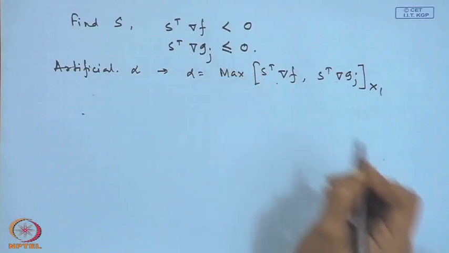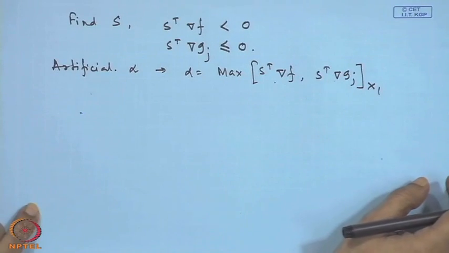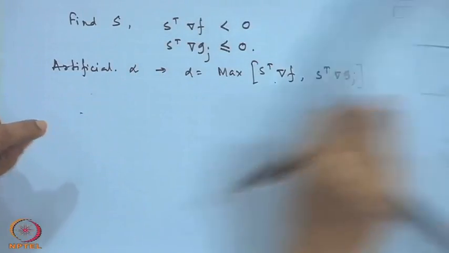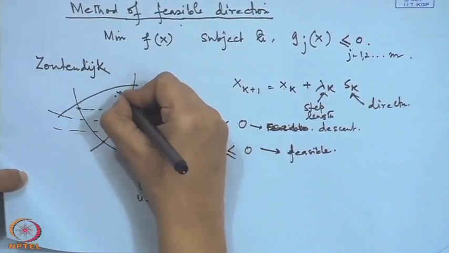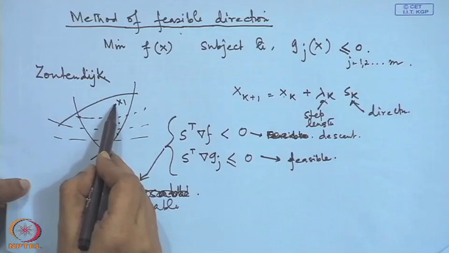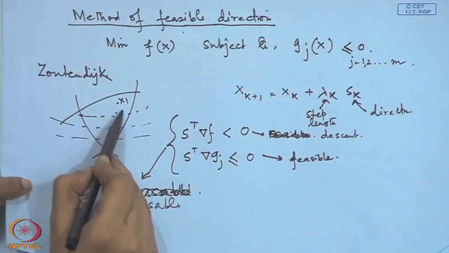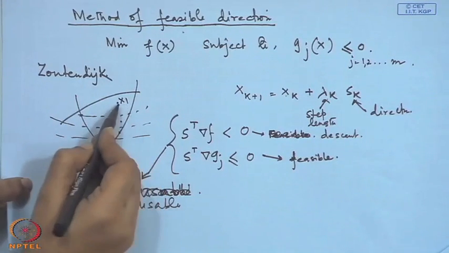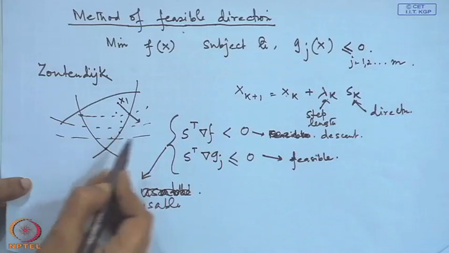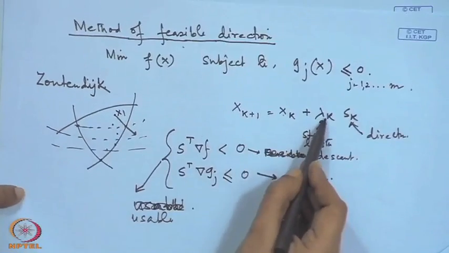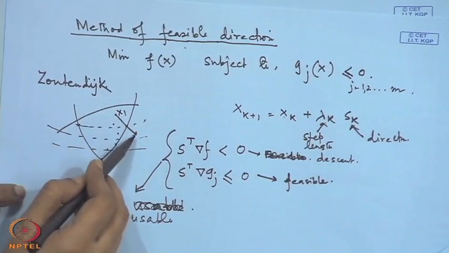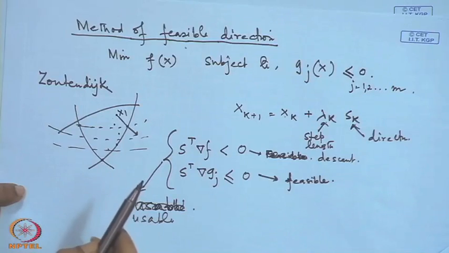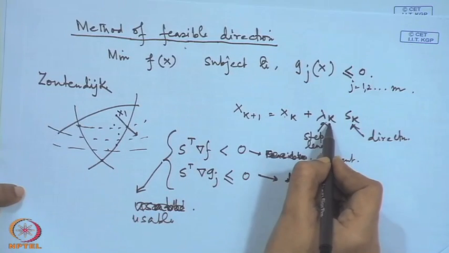Once alpha is negative, what is our target? The process has been designed in such a way that if we move from a point x1 in this direction, there is a chance that if I take a lambda k, I will be out of the feasible space. Lambda k should not be such that I am out of the feasible space.